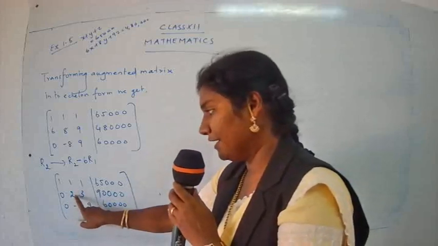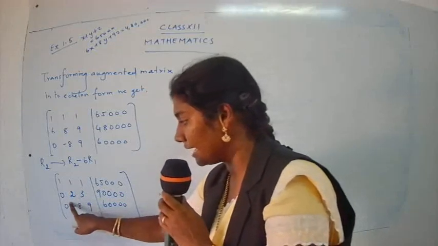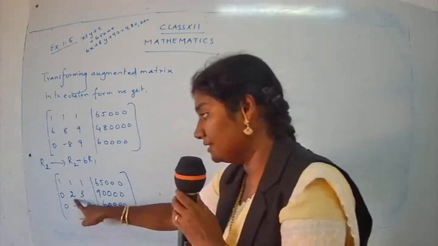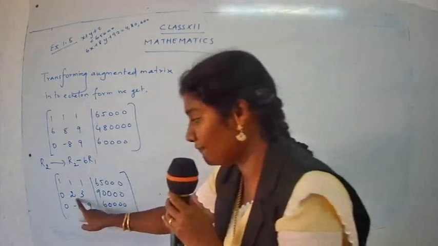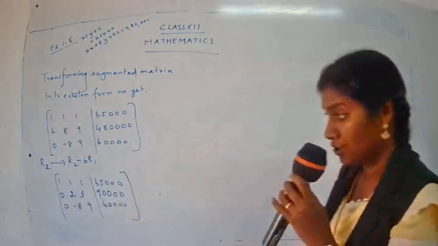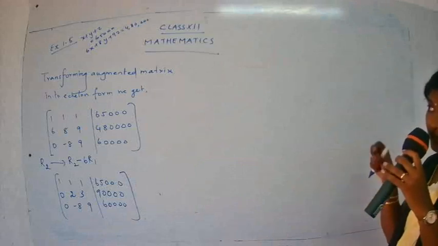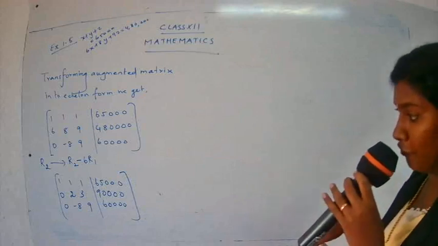If I divide by 2 here, I get the answer as 1, so it will be easy for us to make the number below this as 0. That is, in place of minus 8, I want the number 0, so that we can change the augmented matrix into echelon form.